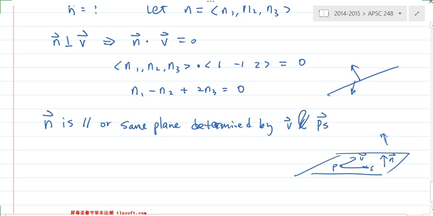What does that mean? Just forget about n first. If you have PS and V here, we can always do a cross product to get another vector perpendicular to the plane. Let's call that R again. I'm running out of notation.